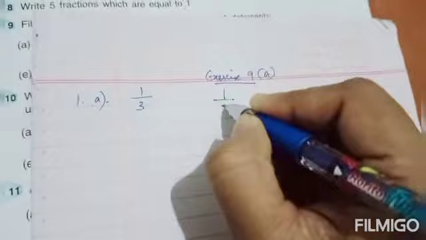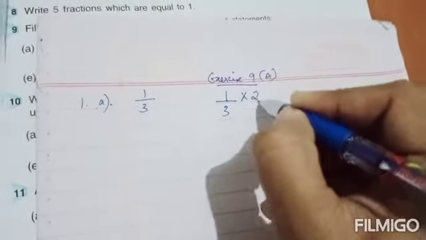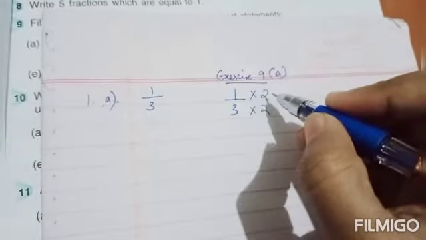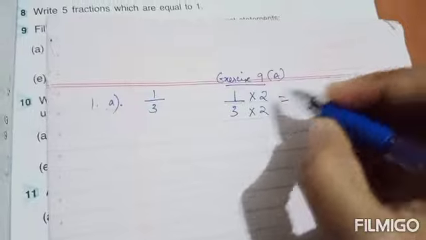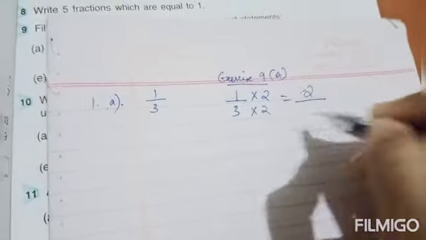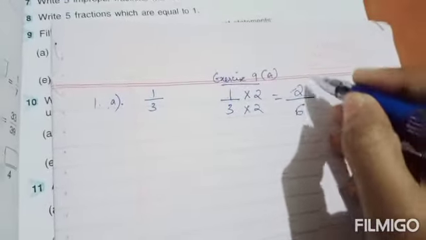First multiply both numerator and denominator by 2. On multiplying 1 by 3 by 2, you will get 1 into 2, it is 2, and 3 into 2, it is 6. So one equivalent fraction is 2 by 6.